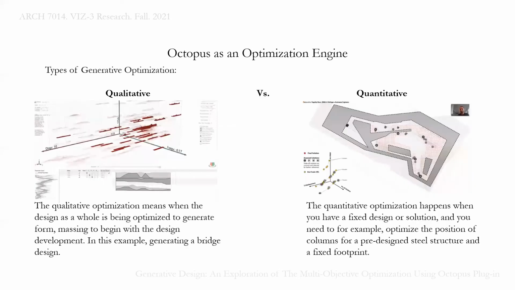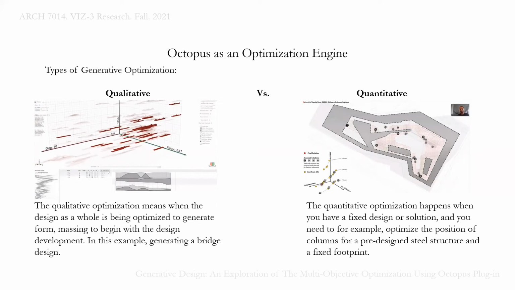So we have two types of generative optimizations, the qualitative and the quantitative. The qualitative type means when the design as a whole is being optimized. So you are trying to generate the design or the form of the building. For example, here in this image on the left, we are generating the form of a bridge and the structure of the bridge.